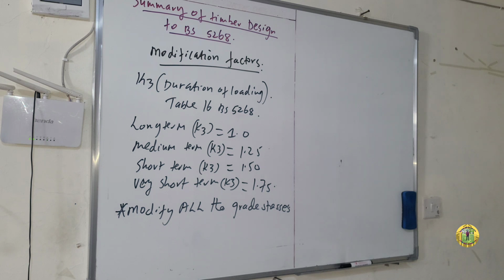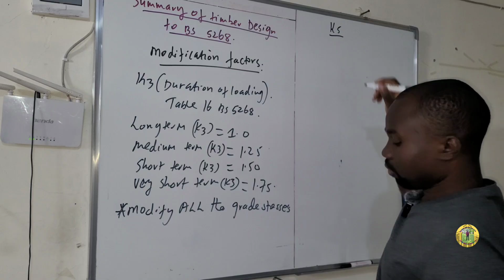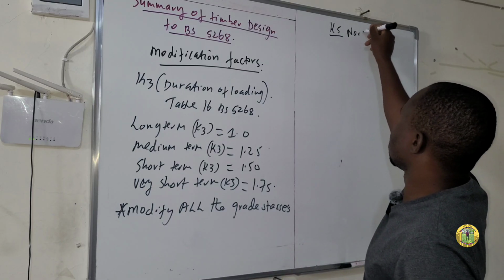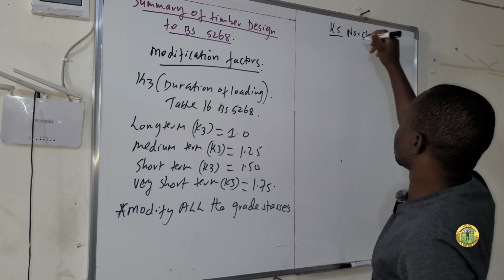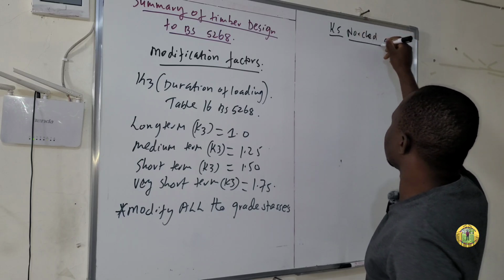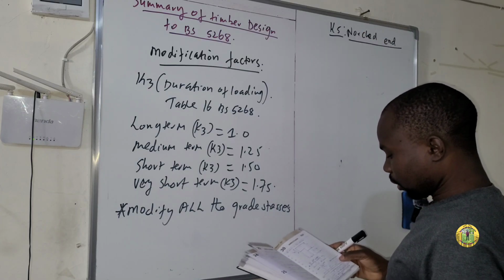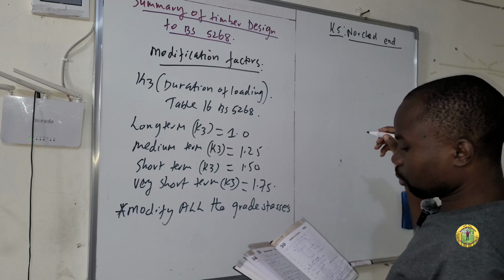We proceed to K5. K5 is for notched end. And for this one, we have number one, notch on the top edge.